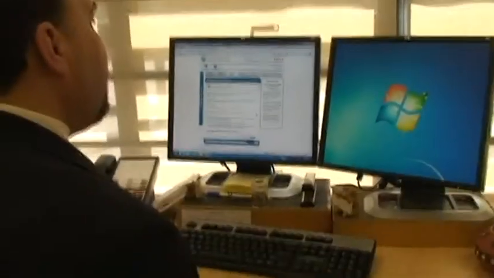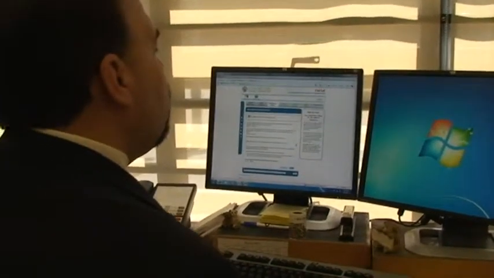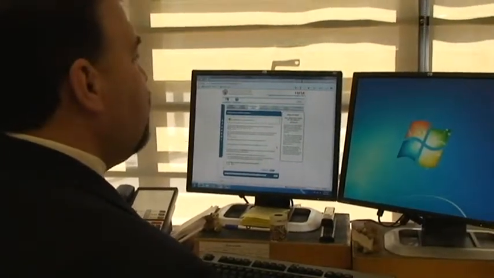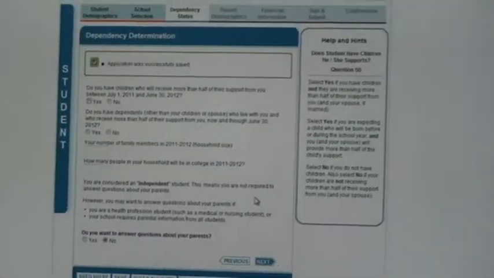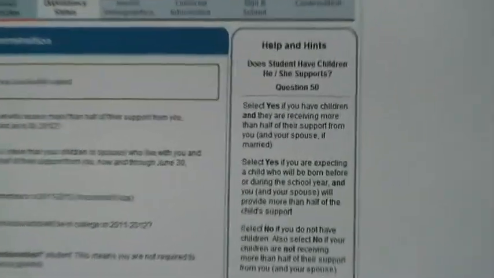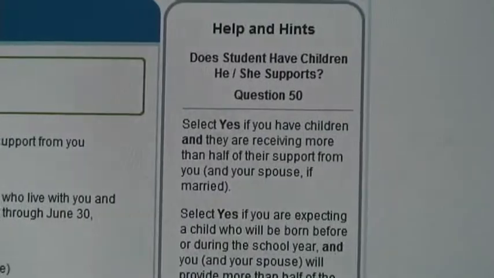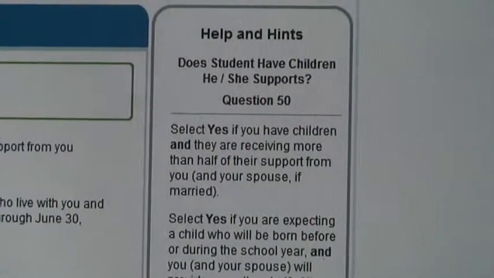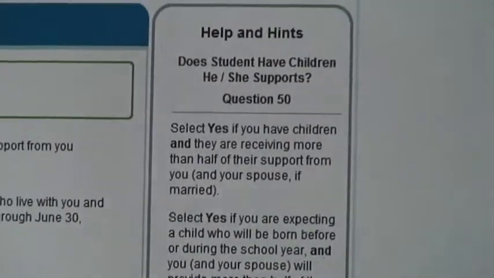Now, there are some areas where you're going to be stuck on whether or not to answer yes or no, where you're wondering if it doesn't apply to you. There's also helps and hints to the right side of the financial aid application screen that'll walk you through on how to answer these questions. But if you happen to answer no to all those questions, you don't live at home with your parents and you have a unique situation, that's called a special circumstance or professional judgment.